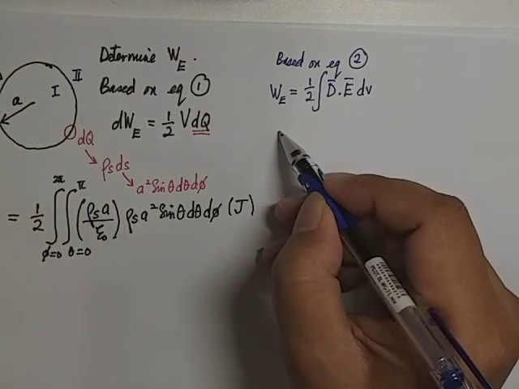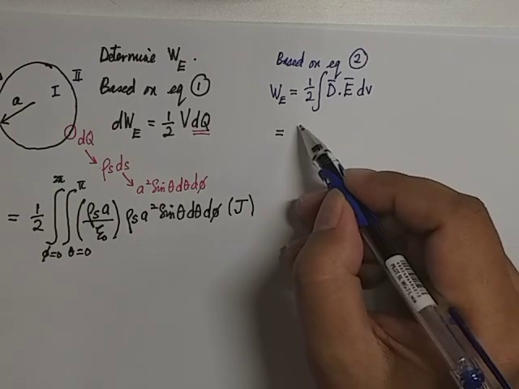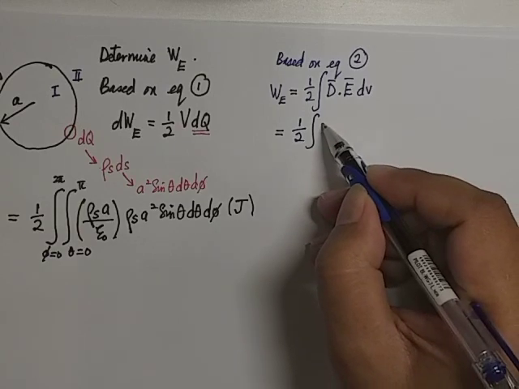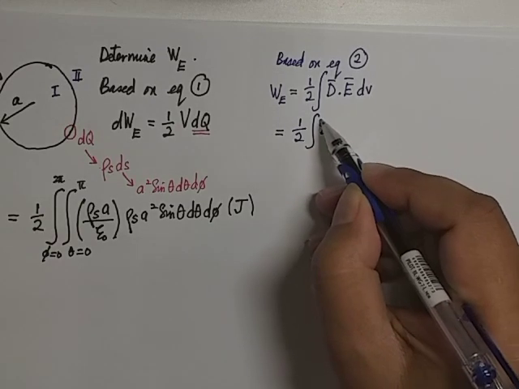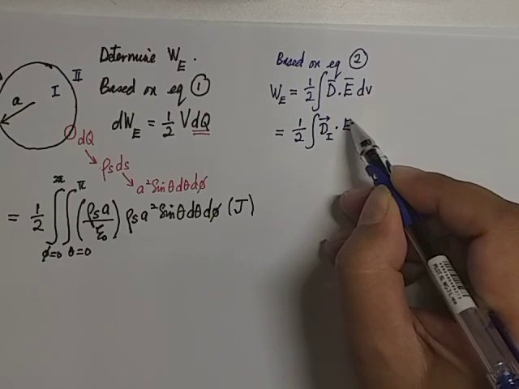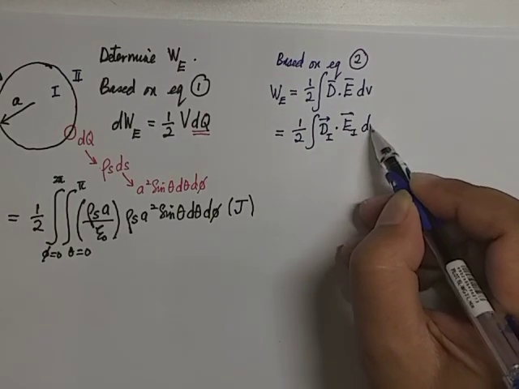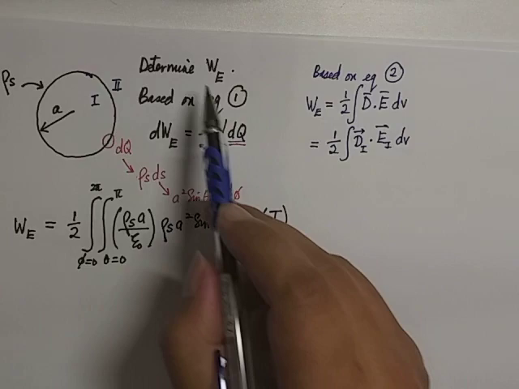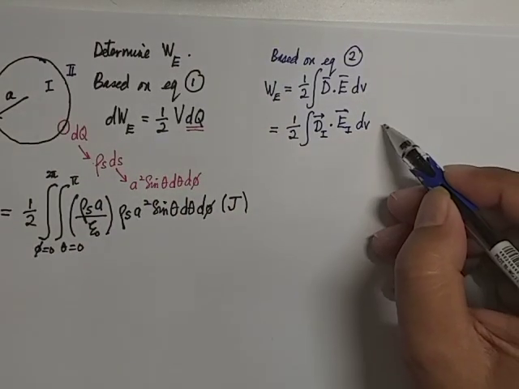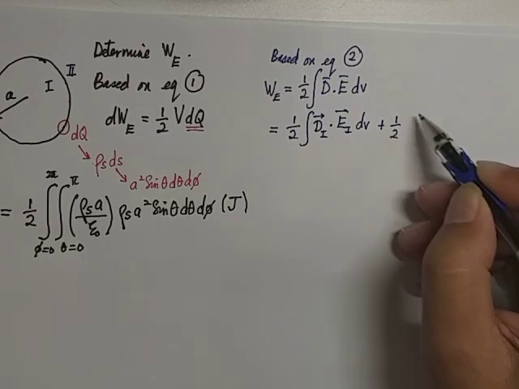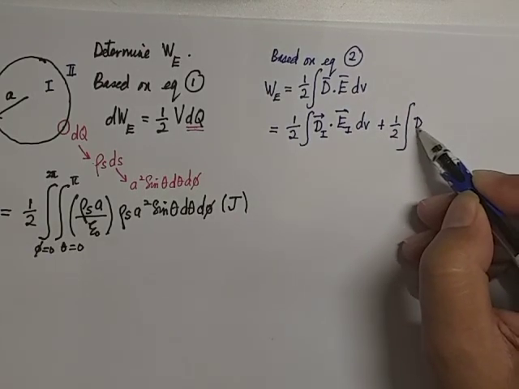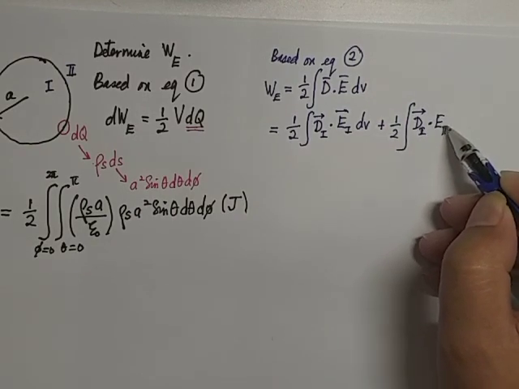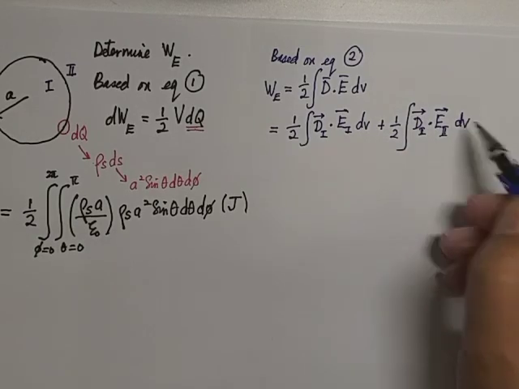So since that is the case, we can now split the equation into two distinct regions. I'm going to say the first part will relate to the region number 1 component, based on whatever field appears in region number 1. So that's done. But remember, there is still field in the other region, therefore we have to add them: half the integration of D of region number 2 dot product with E of region number 2 dV.